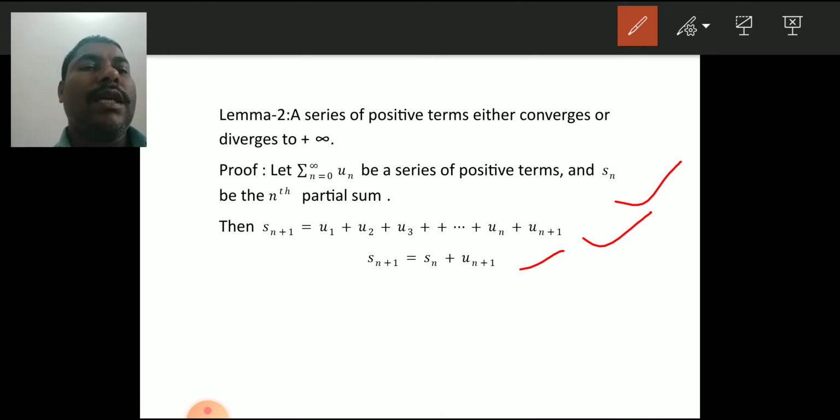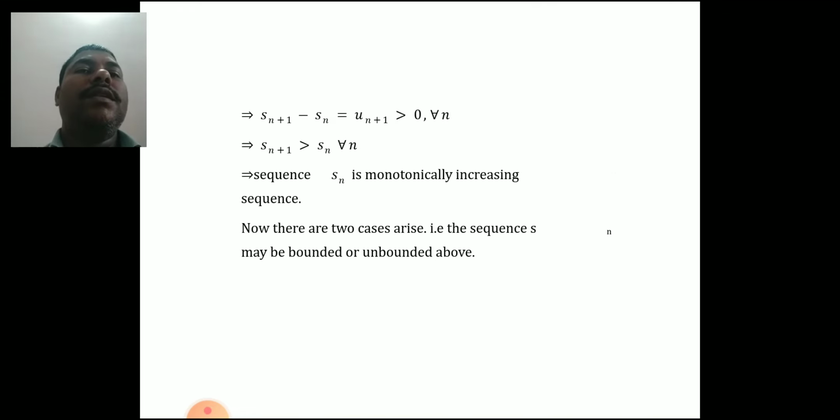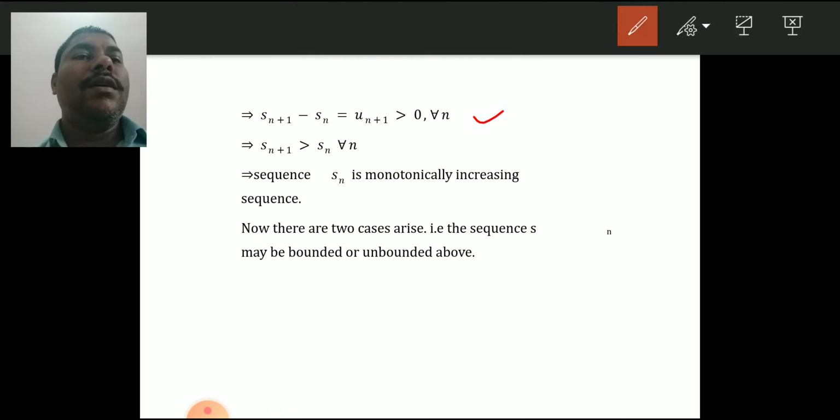So Sn plus 1 is equal to Sn plus un plus 1. That implies Sn plus 1 minus Sn is equal to un plus 1, that is greater than 0.